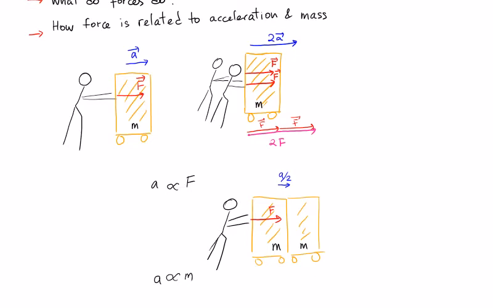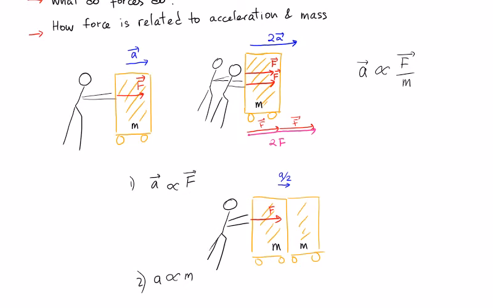Let's not forget our vectors here: the acceleration is a vector, and mass is a scalar. So if we combine the first and second relations, we can summarize it in a form that acceleration is directly proportional to the force and inversely proportional to the mass.